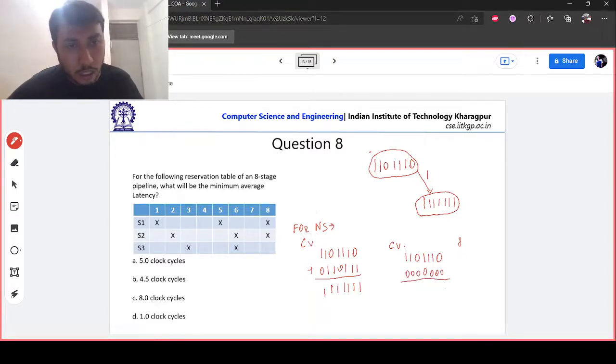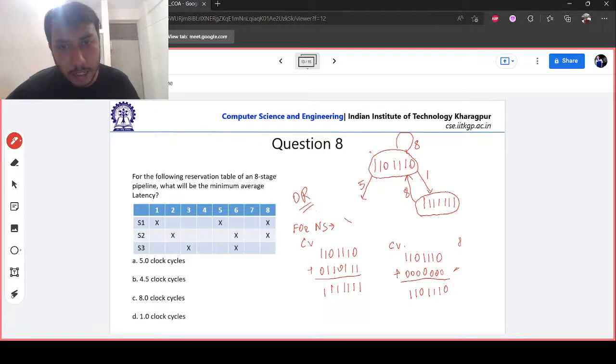If we do an OR, it will be 1, 1, 0, 1, 1, 1, 0. So the operation we are doing is OR. It will return to the original state. For 8, if we use latency 8, it will come back to this state.